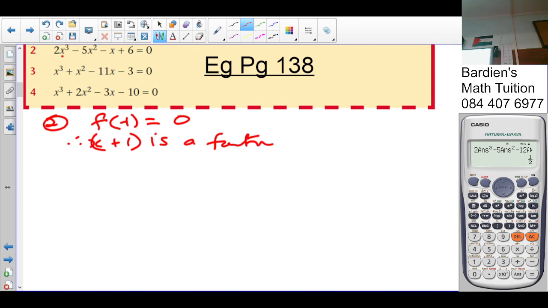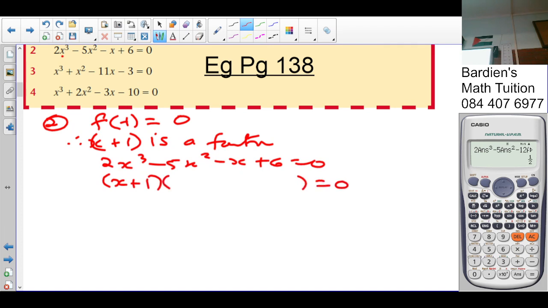So the sum was 2x cubed minus 5x squared minus x plus 6 equals 0. There you go, x plus 1. So x multiplied by what is 2x cubed? 2x squared. 1 multiplied by what is positive 6? Plus 6.